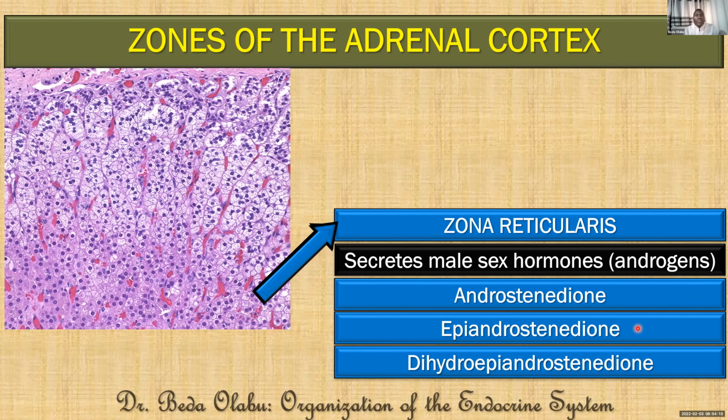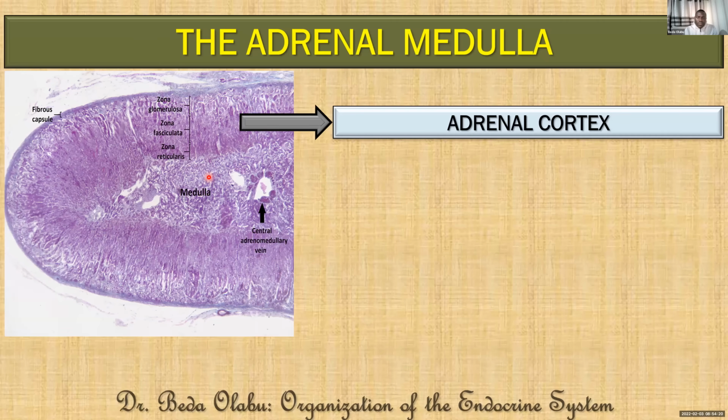Now let's talk about the inner zone of the adrenal gland, which we call the adrenal medulla. We've already talked about the adrenal cortex, which is that one with its three zones. Now let's look at the adrenal medulla, that one.